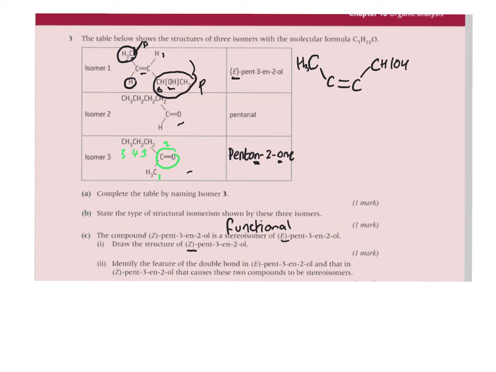So we simply flipped the priority groups to the same side. That was a nice, straight and easy question. Next, identify the feature of the double bond in both of these that causes the compounds to be stereoisomers. And remember, there is restriction of rotation about the bond.